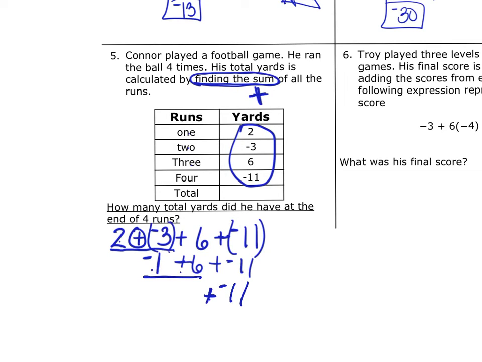Negative 1 plus 6, again, I'm combining different signs, so I'm going to actually subtract. That's going to give me a 5 because I have to keep the sign of the larger number. 6 is larger than 1. And then 5 plus a -11, again, it's addition, the signs are different, so I'm going to subtract. And if I keep the sign of the larger number, the negative, it's going to be -6.